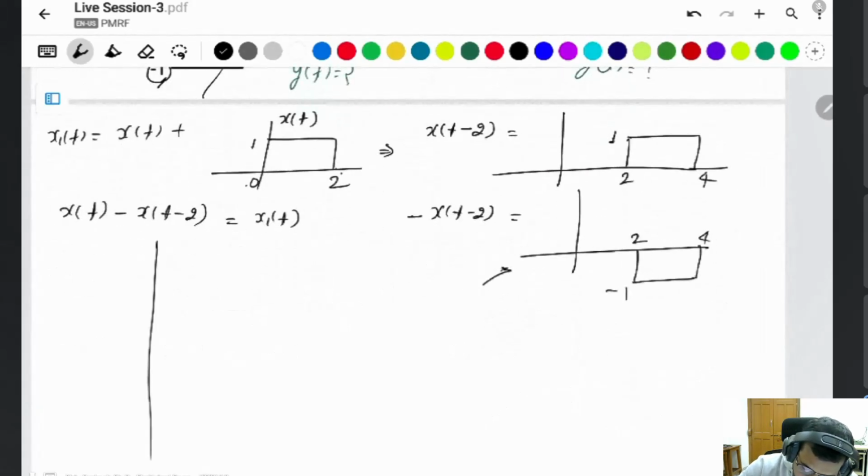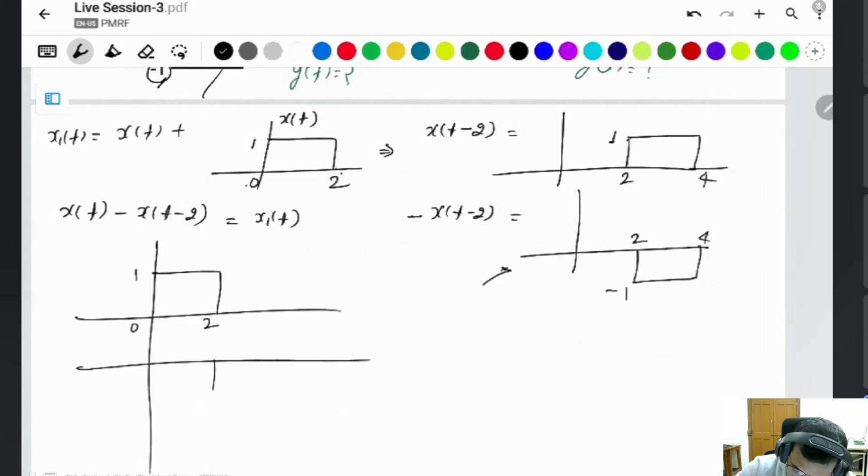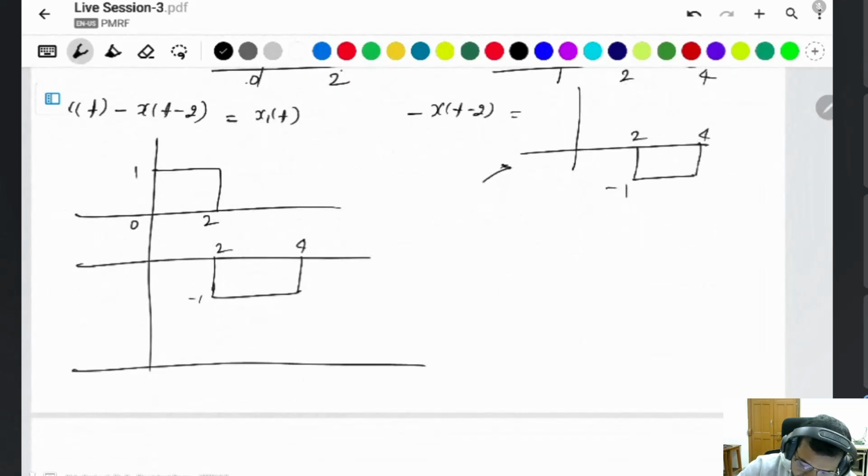Let's do it by waveform also. One is 0 to 2, 1. Another is 2 to 4, this is minus 1. You have to add both. Then this goes to 0 to 2 is 1, 2 to 4 is minus 1, the same as x1(t).